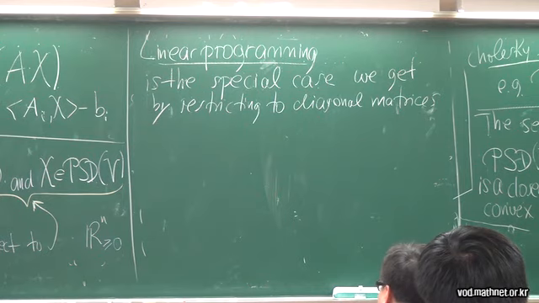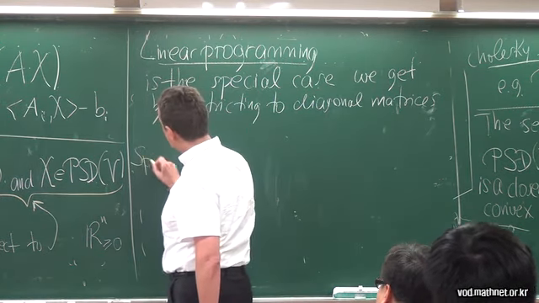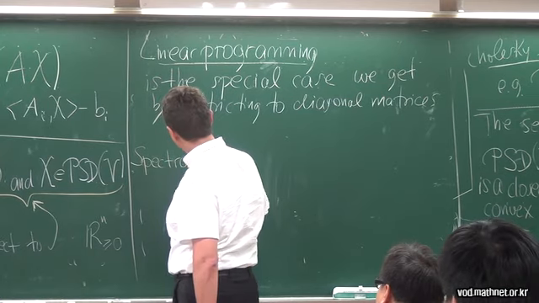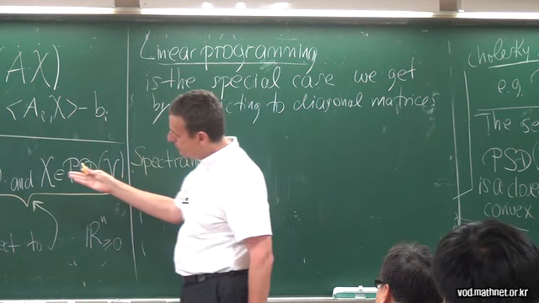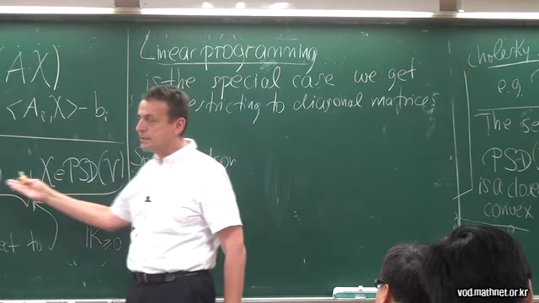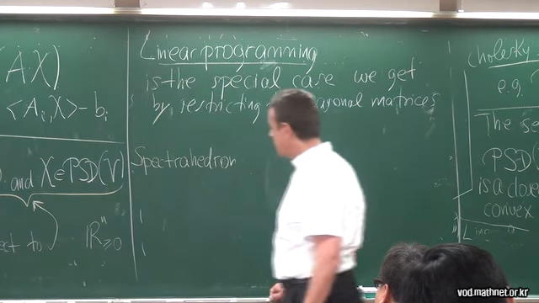Now, the yellow set of feasible solutions, we'll talk more about this, is called a spectrahedron. So this set, the set of all x in the PSD cone that lie in this affine space, is called a spectrahedron.